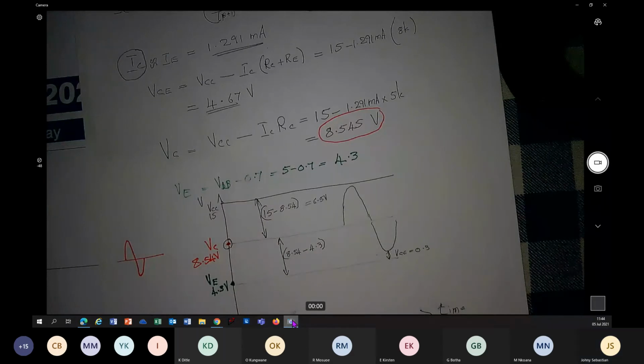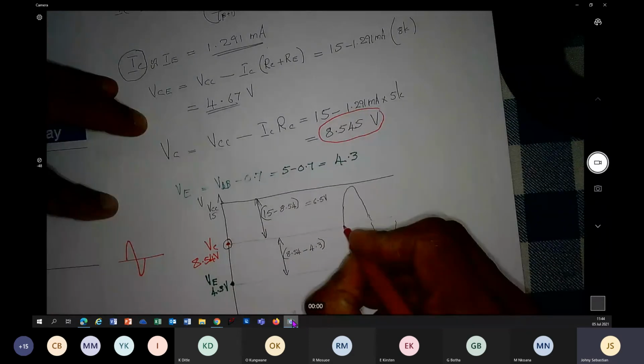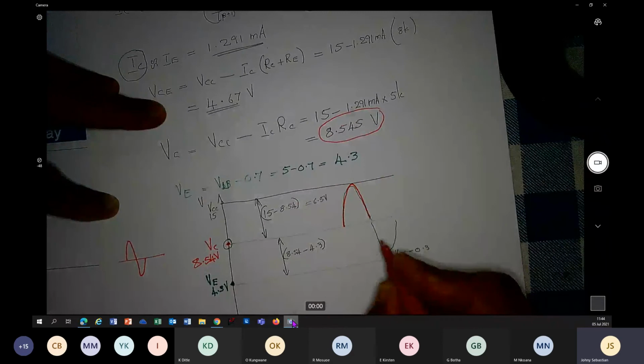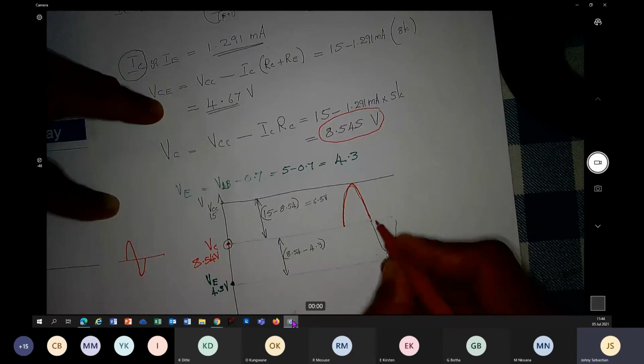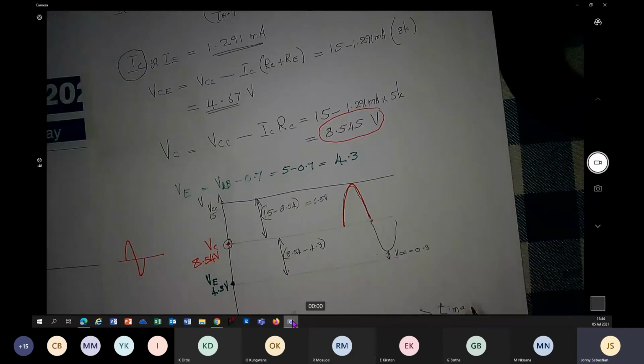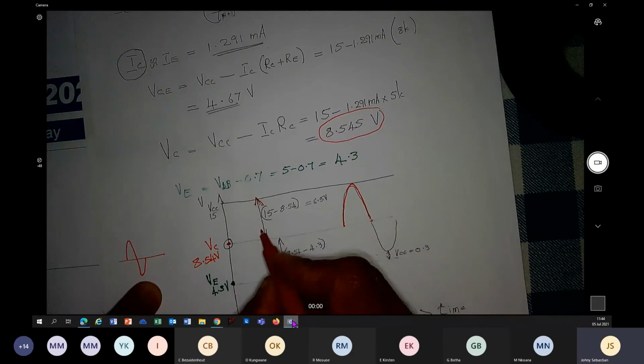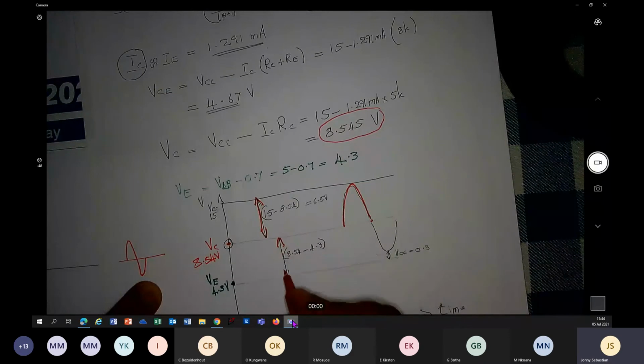Do you agree? Yes, sir. Whatever positive signal swing must be available on the negative as well, the same amount. So this one and this one must be nearly equal.